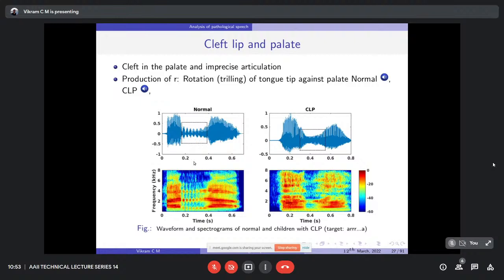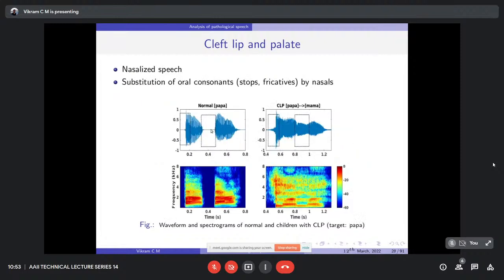For a healthy speaker, we can notice periodic vibrations in the speech signal when they produce this ra trill sound. For a cleft lip and palate speaker, since the palate is not working properly, we can't find this kind of vibrating pattern in the speech spectrogram.